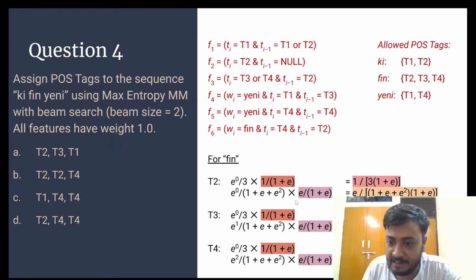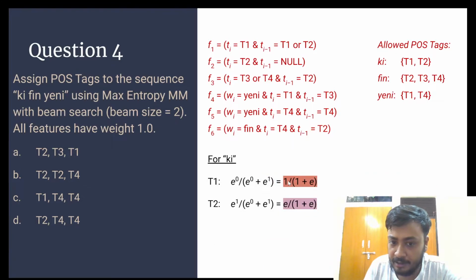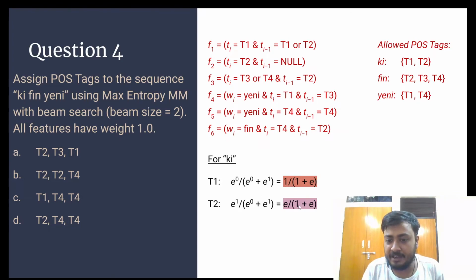All right, and you have to remember where they came from. That is why I have used the colors. So the red is for coming from t1. Why do we need to remember that? Because there are many conditions where the features are conditioned based on the previous tag. So we need to keep track of which tag we have seen before this, right? So this red color is for t1, and this pink purple kind of color is for t2.